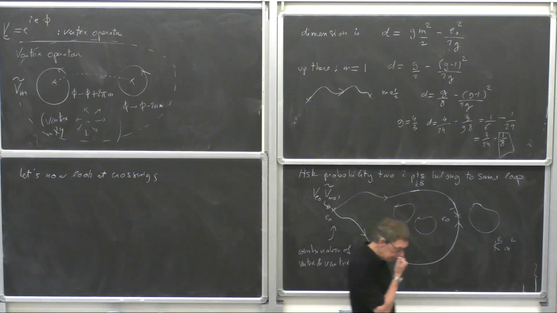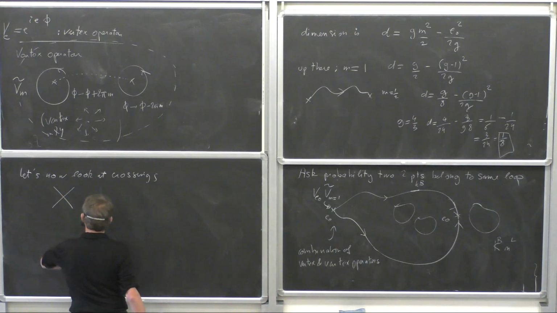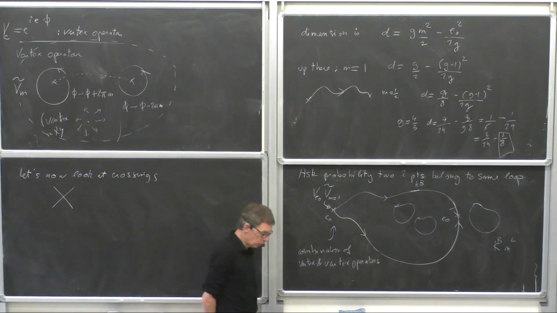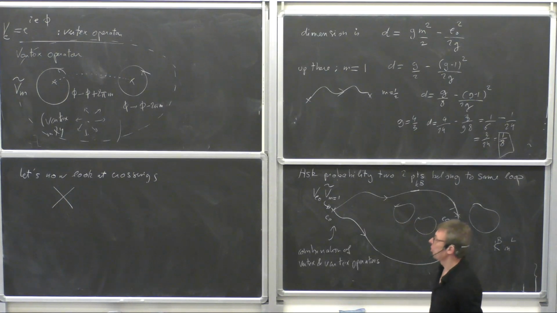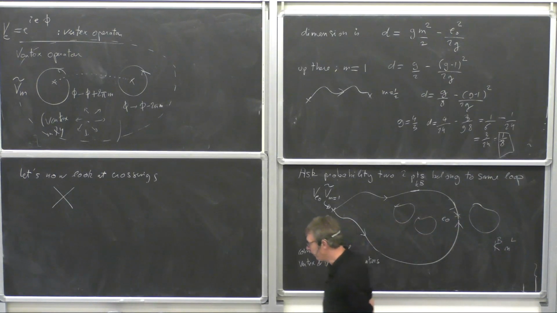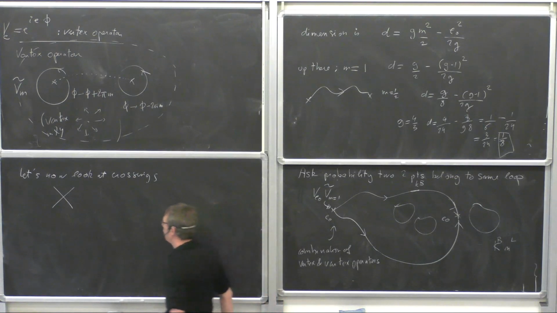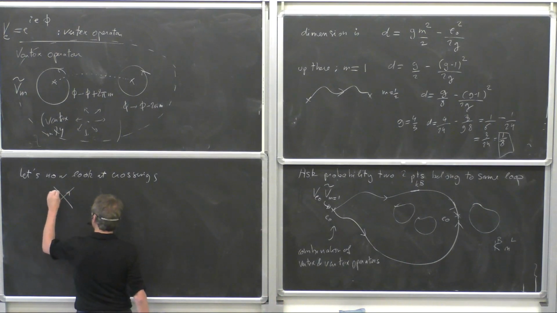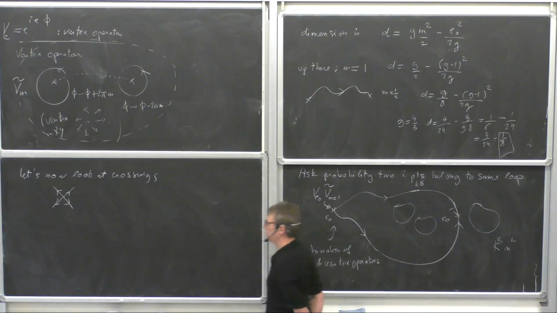So a crossing, in order to understand what really the dimension associated with creating a crossing would be in the loop model, I have to ask myself what is the dimension of the operator that creates not 2 lines but 4 lines.